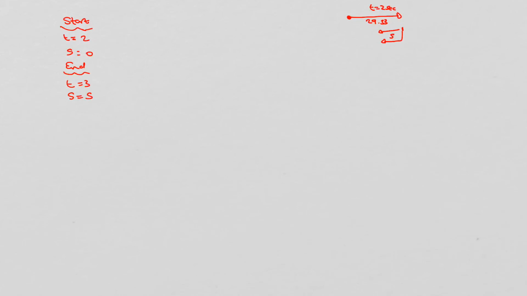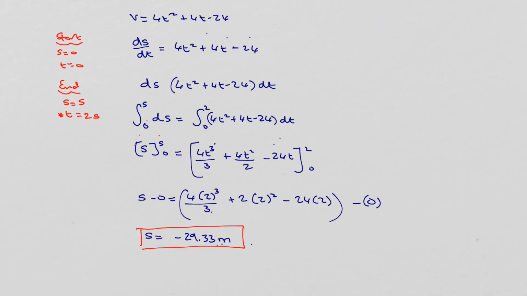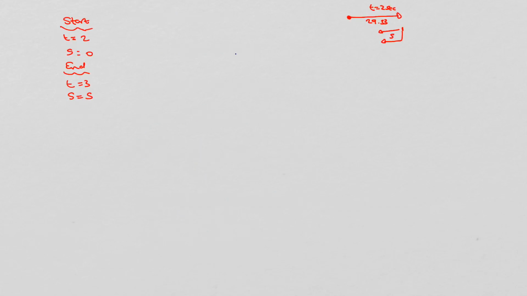Okay, so let's look at our equation. Well, what did we have? Well, it's going to be exactly the same integral overall, so I don't need to integrate again. If I go back, I'm literally just going to start at this position here where I'm subbing in my limits. So we'll have s minus 0 is equal to 4t cubed over 3 plus 2t squared minus 24t between the limits of 3 and 2.